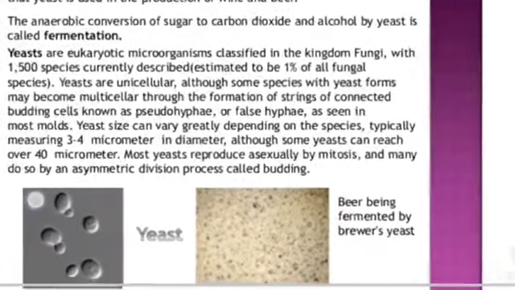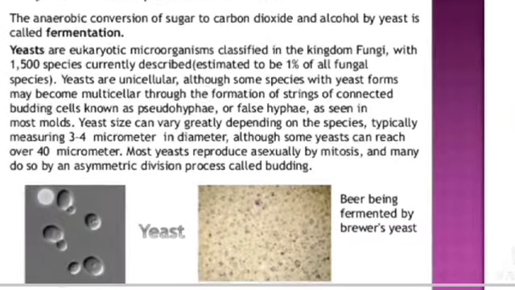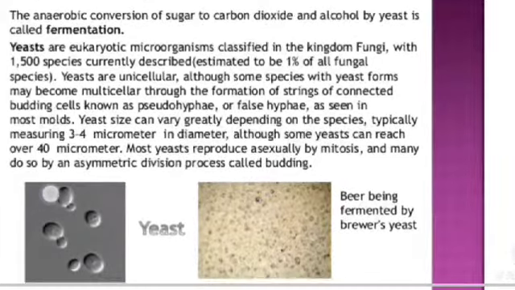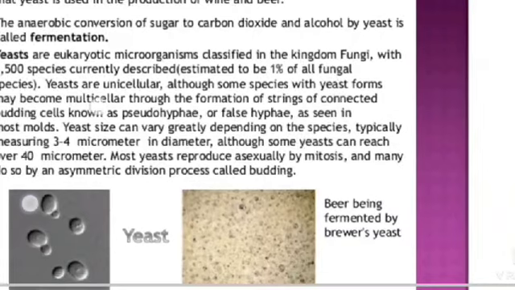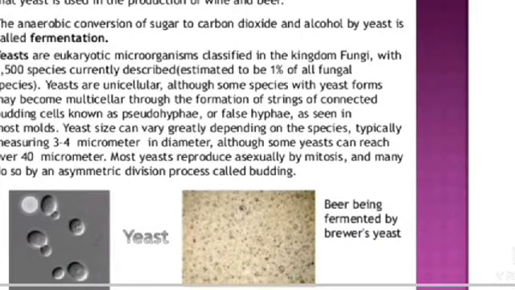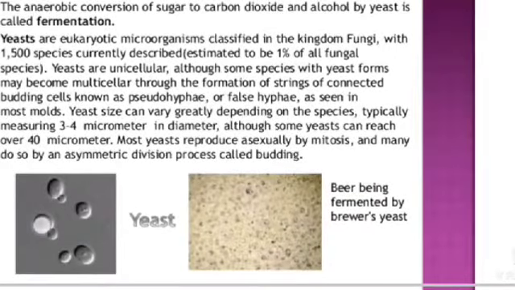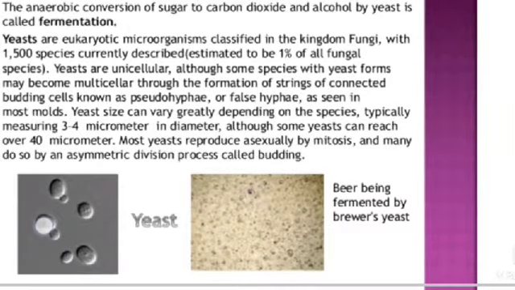Yeast are unicellular, although some species with yeast forms may become multicellular through the formation of strings of connected budding cells, known as pseudohyphae or false hyphae, as seen in most molds.